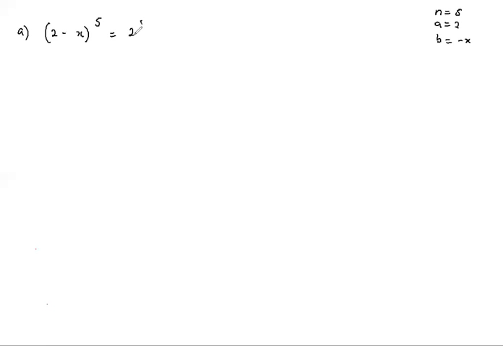So we have 2 to the power 5 plus 5 as our n, times 2 to the power (5 minus 1) multiplied by b plus 5(5 minus 1) over 2, 2 to the power (5 minus 2) multiplied by negative x squared, and you keep going.